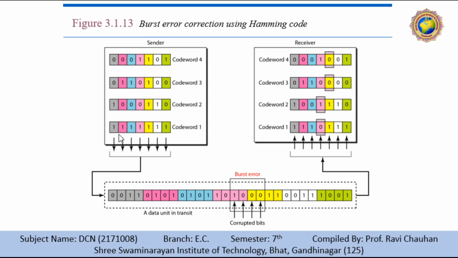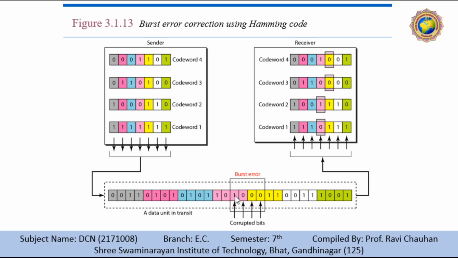So the bits are sent as shown: 0, 0, 0, 1, 1, 0, 0, 1, 1, 0, 1, 0, 1, 0, 1, 0, 1, 0, 1, 0, 1, 0, 1, and 1, 1, 1, 0, 0, 1, 1, 0, 0, 1. Over here, some error is there. Our figure shows that when a burst error of size 4 corrupts the frame, only one bit from each code word is corrupted.